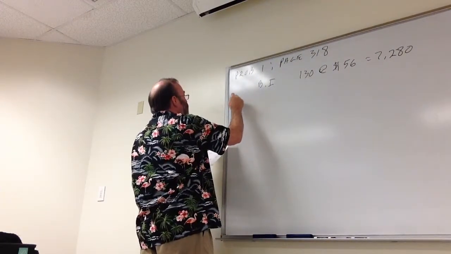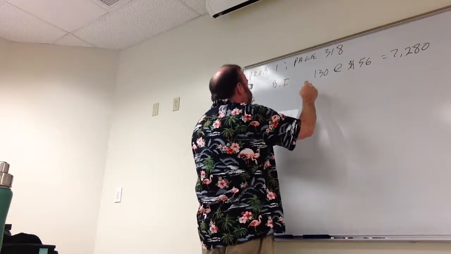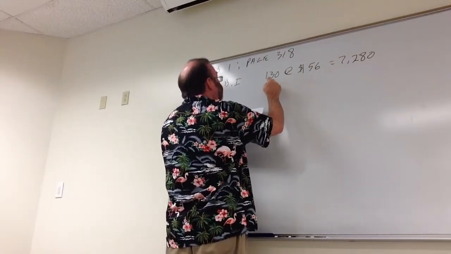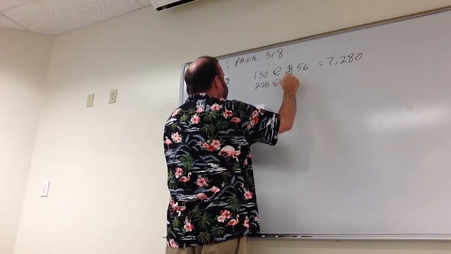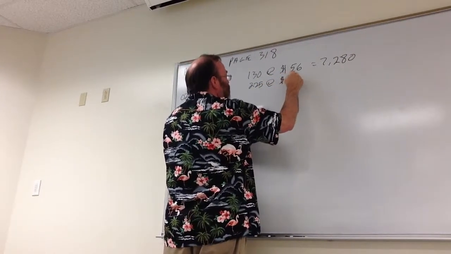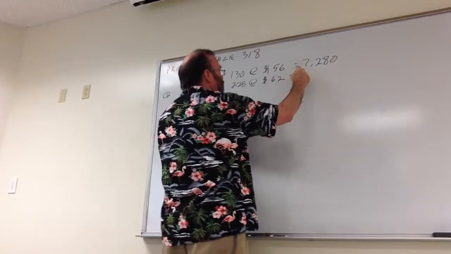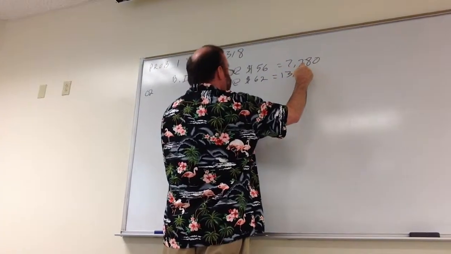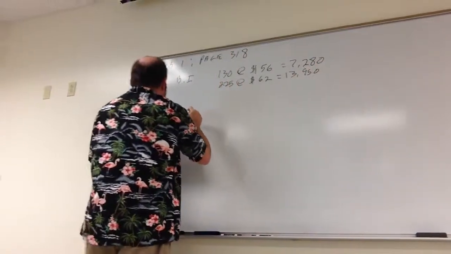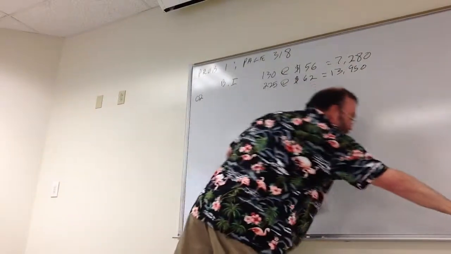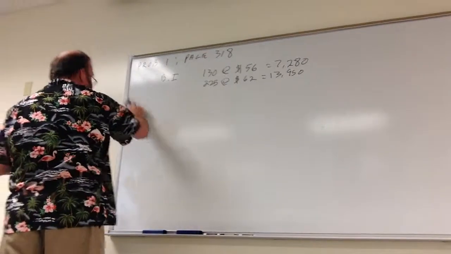Then, in February, we purchased 225 at a cost of $62 for a total of $13,950. Actually, I'll go ahead and write up the months.